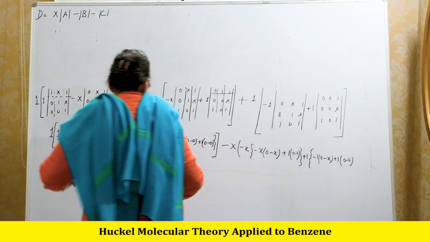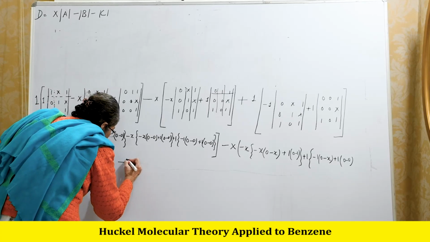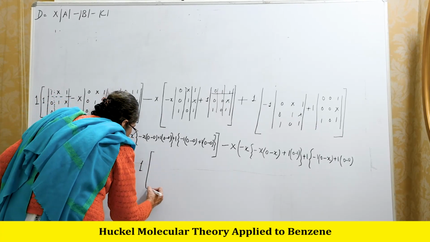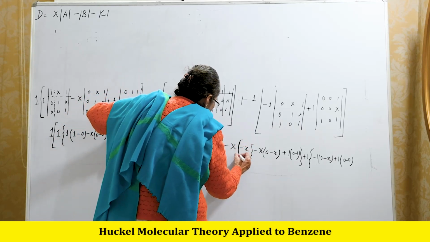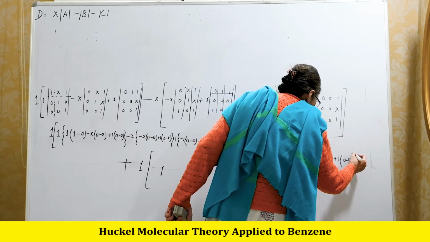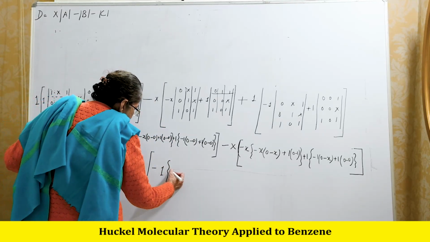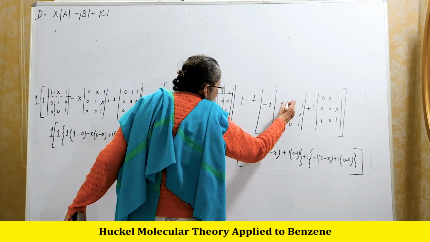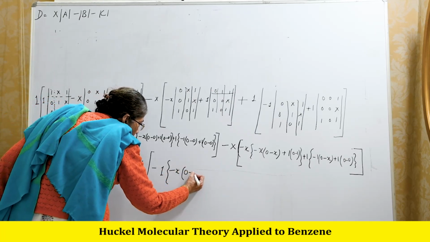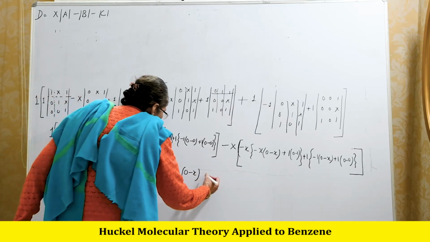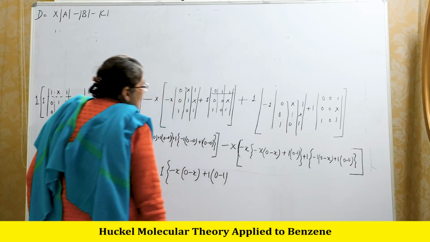Now for this plus 1, I will take a big bracket, plus 1 and minus 1, and this is 1, and minus x, and this will be 0 minus x, 0 minus x, and plus 1, and 0 minus 1, plus 1, 0 minus 1.